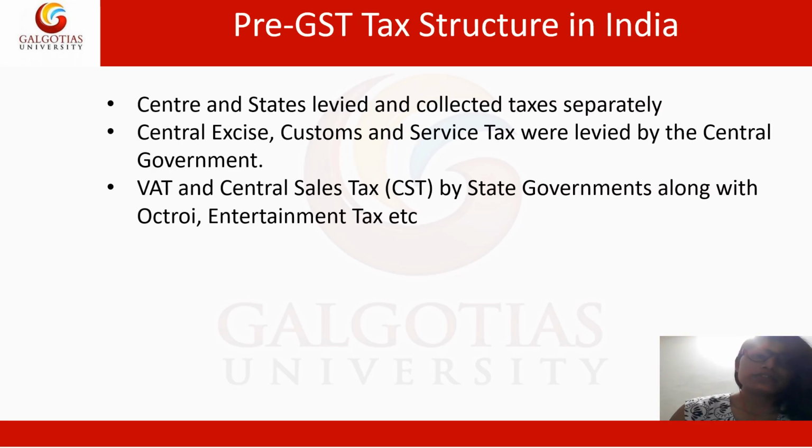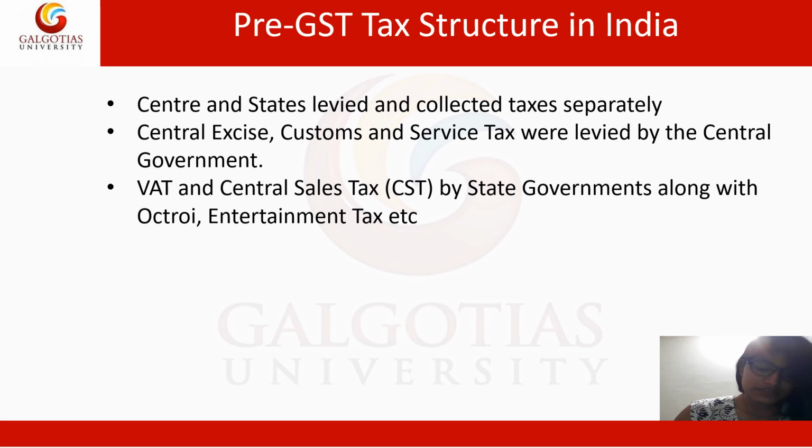Now let us talk about the pre-GST tax structure in India. Under the previous indirect tax regime, both the center and the state levied and collected taxes on the goods and services separately. In respect of the goods, the center had powers to levy taxes on the manufacture of goods except for alcohol for human consumption, narcotics, etc. Whereas the state government had powers to levy taxes on the sale of goods.